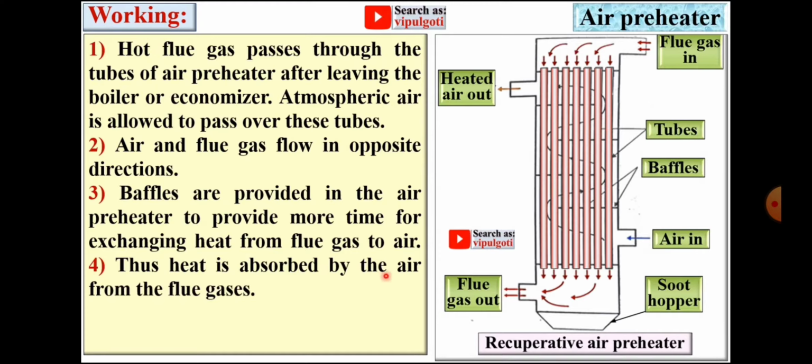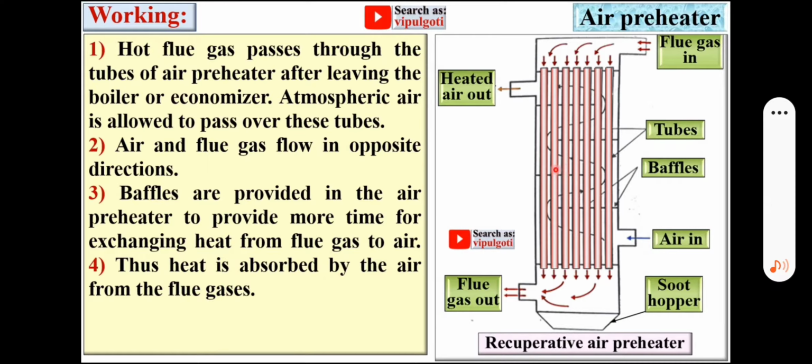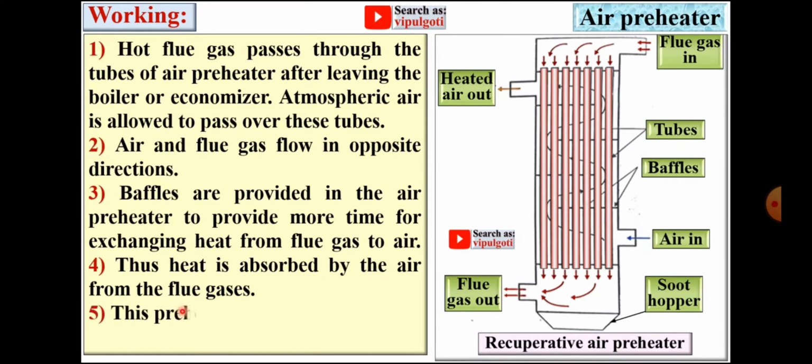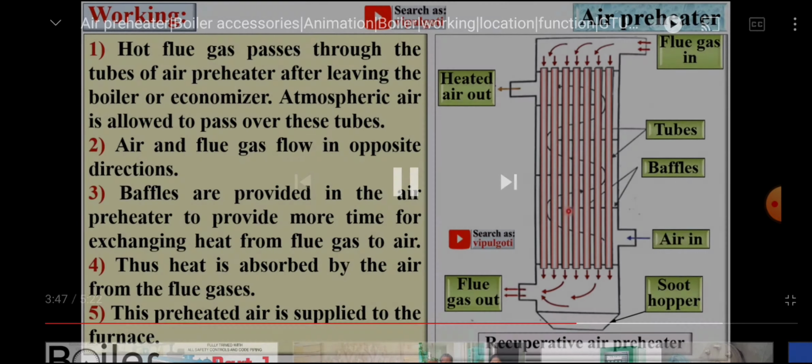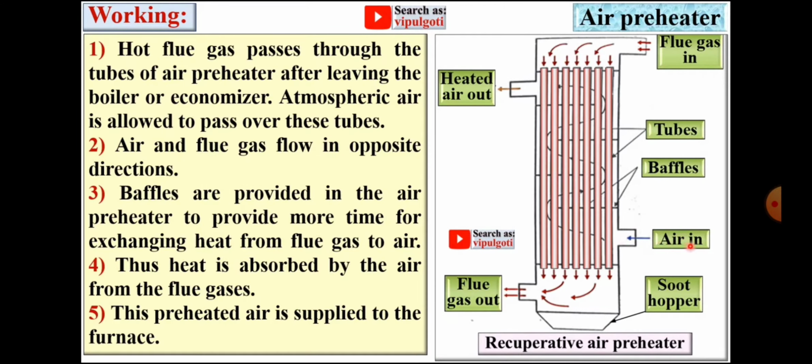Thus, heat is absorbed by the air from the flue gases. This preheated air is supplied to the furnace of the boiler. So very simple, the function of the air preheater is to increase the temperature of the air: here it is atmospheric air, and here it is heated air.